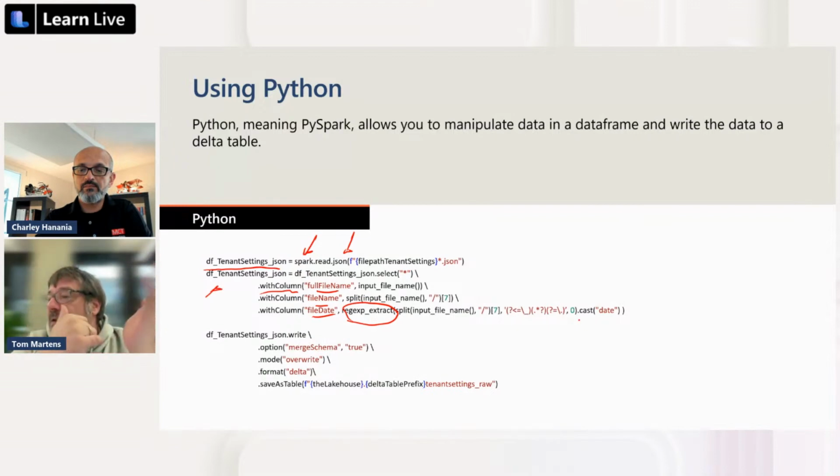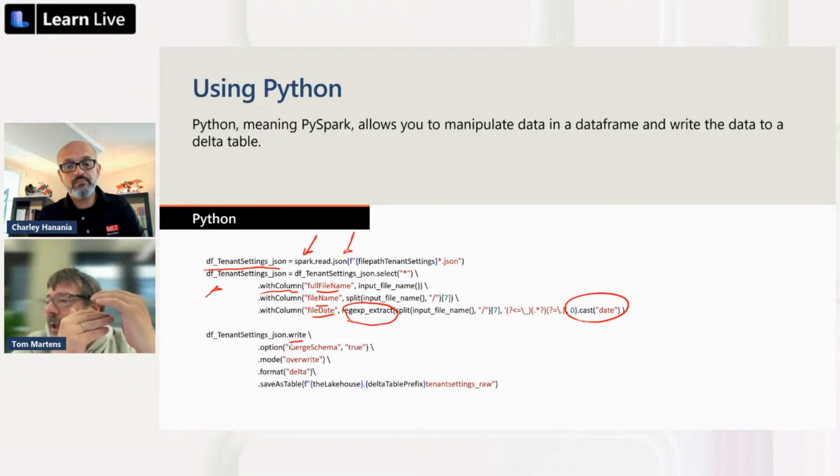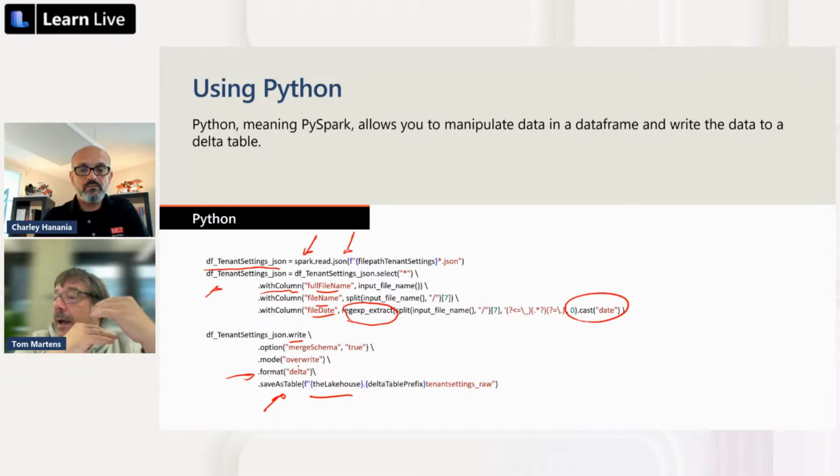Finally, in the third line, with df.write, I'm writing this data frame to my lakehouse. This is the last command, saveAsTable. Of course, I want to use the format delta, and the mode I'm using here says I want to overwrite.